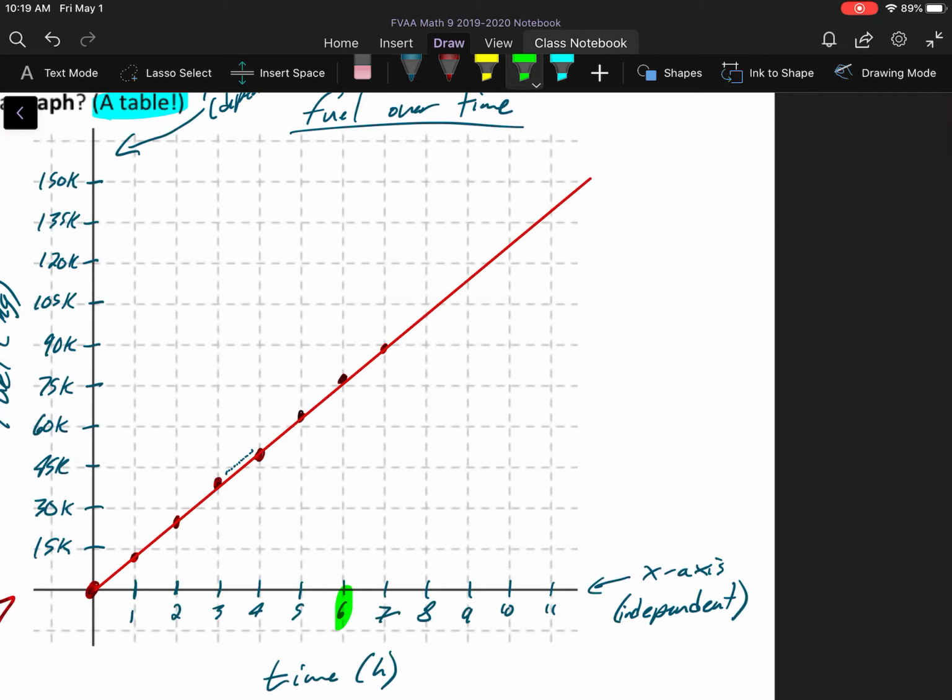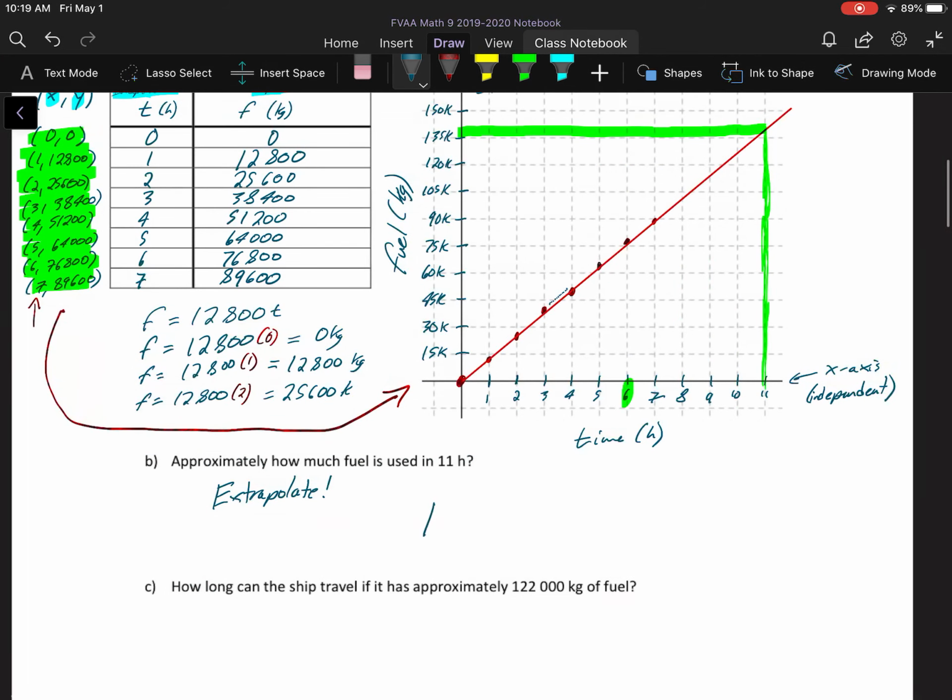All right, so at 11, if I go all the way to the line for 11, I'm going to say that that's about here. I go over, and that looks like maybe 140K, something like that. That's my estimation. 140,000 kilograms in 11 hours, of that cruise ship trucking along.